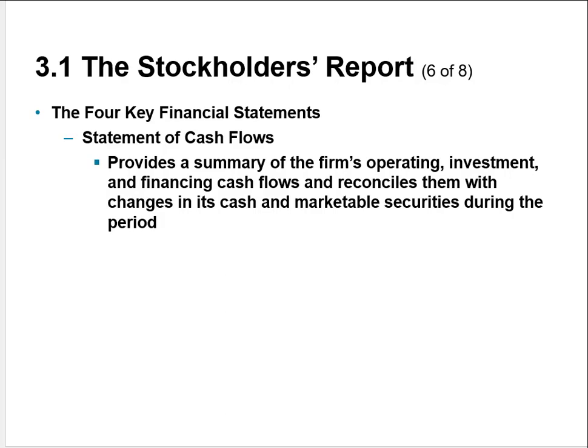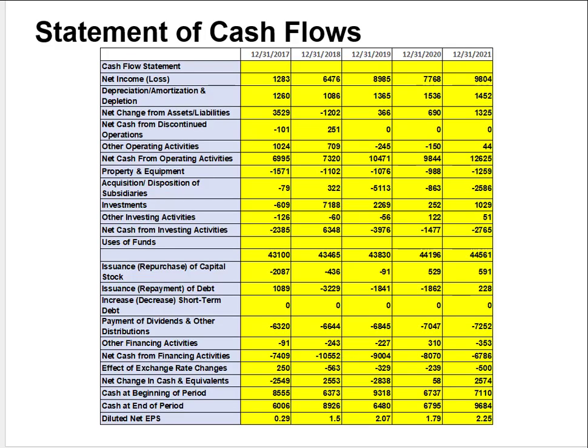So this provides a summary of the decisions that were made in operations, in investing in the company, and in financing for the company. And it illustrates that for us on a financial statement. So here we have some line items. Right here in the middle, this is where investments start. So we want to go up here.